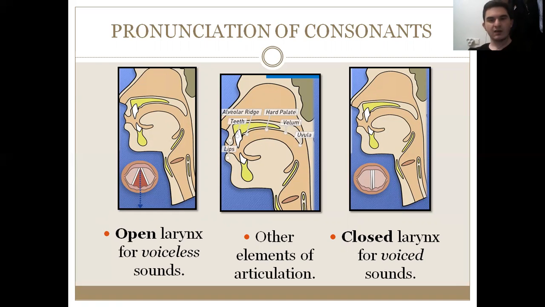But of course, there are other elements in creating the consonant voices. They depend on the placement of your tongue, on your teeth and on your lip, and it also depends on the larynx. So these alveolar ridge, hard palate, velum, and uvula are some technical terms. I don't really think we should have to learn them.